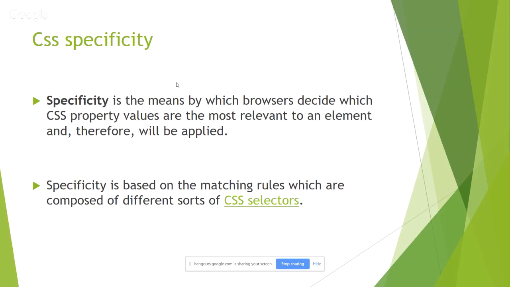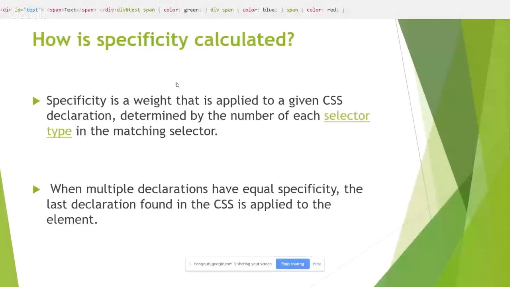So, specificity is the means by which browsers decide which CSS property values are the most relevant to an element and therefore will be applied. Specificity is based on the matching rules, which are composed of different sorts of CSS selectors. How is it calculated?